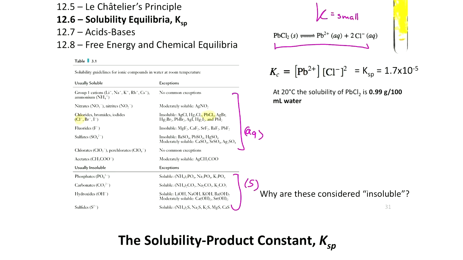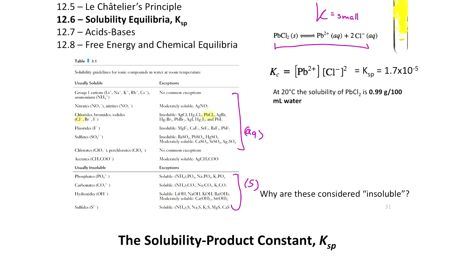So if K is small, do you make a lot or a little bit of products? A little bit. So this reaction has a very, very small K value, which means you don't make a lot of products within this chemical equilibrium, meaning you don't dissolve a lot of lead chloride when you try to dissolve it. This is still an equilibrium constant, but for a specific type of reaction.